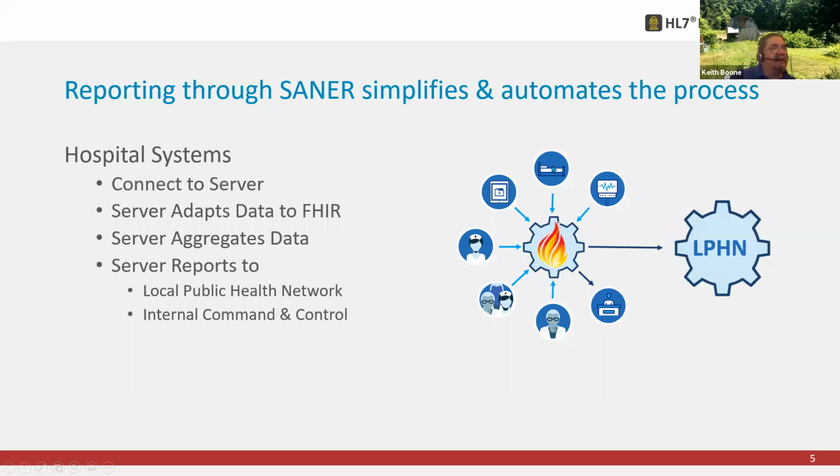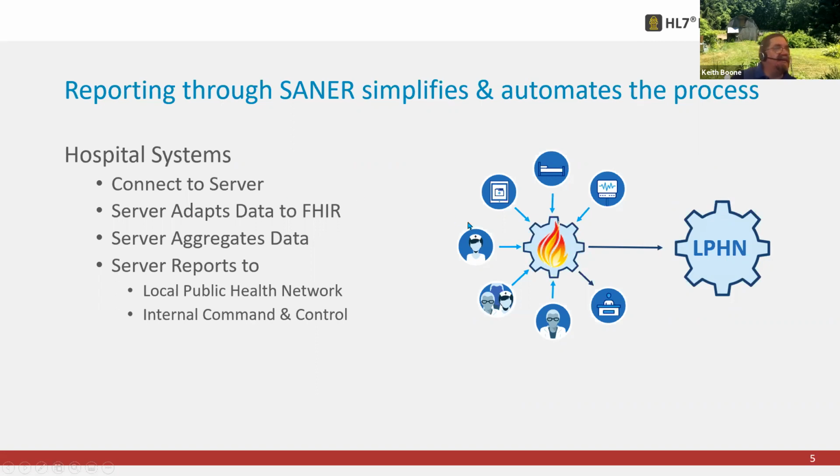And so the idea is that we provide a way in which systems can report data very, very simply to what we call a SANER server, which is basically a FHIR server with a little bit of extra capability.